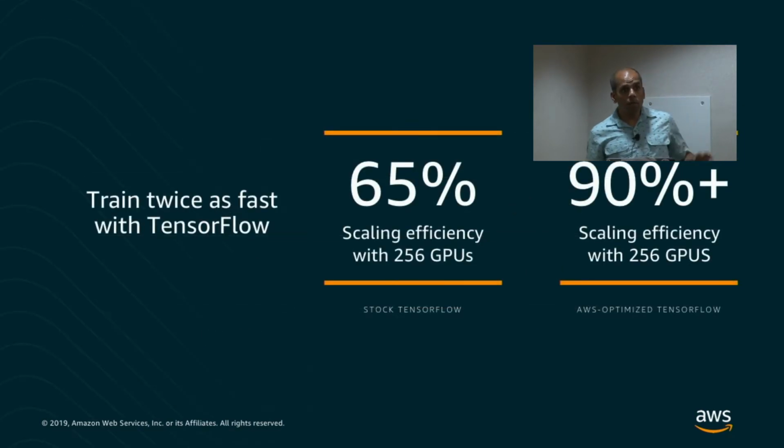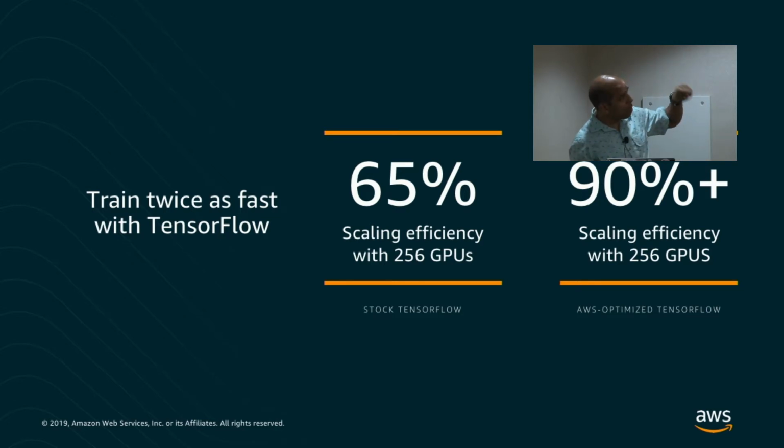One of the things we have optimized, particularly for these deep learning containers, is TensorFlow. A lot of workloads on Amazon EKS are machine learning centric, and a lot of them use TensorFlow, a machine learning framework. I won't get into the details of what TensorFlow is, but with stock TensorFlow, in our internal benchmarks we could scale up to 256 GPUs but were only getting 65% efficiency in terms of how long it takes to train a model.